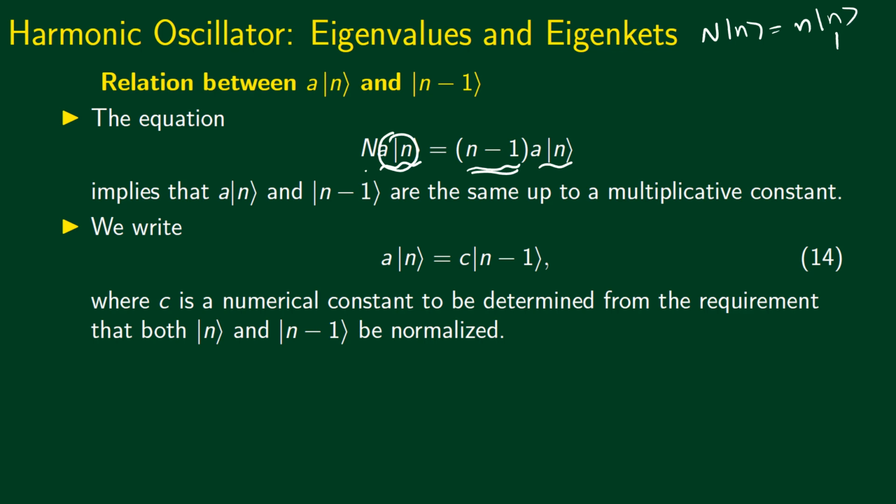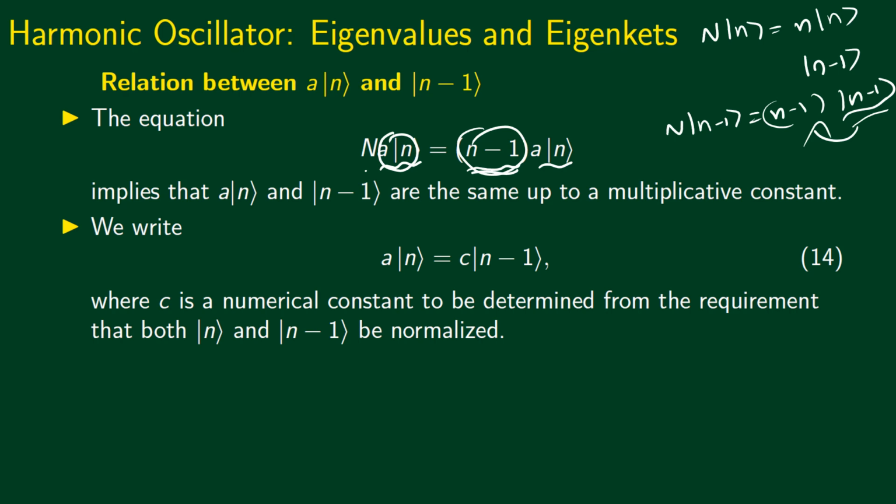Here we have labeled this eigenket using the eigenvalue of operator n. This means that the eigenket corresponding to the eigenvalue n minus 1 will be labeled as ket n minus 1, so that n acting on ket n minus 1 is equal to n minus 1 multiplying ket n minus 1. We are just labeling the eigenkets using the eigenvalues.